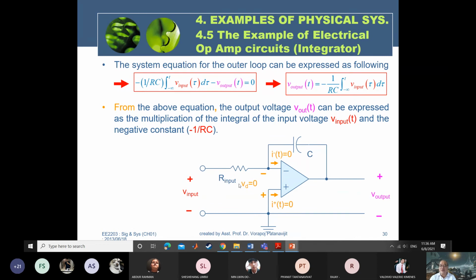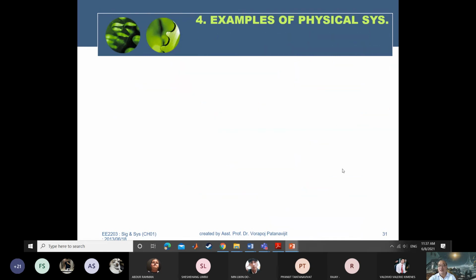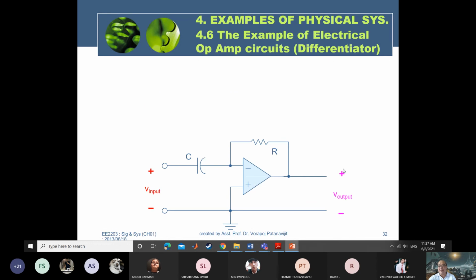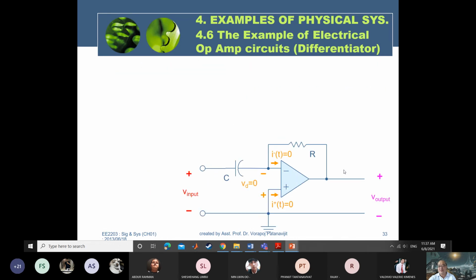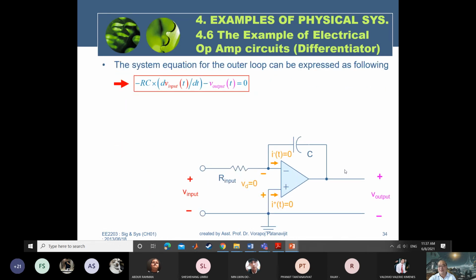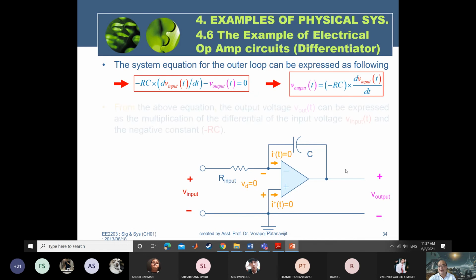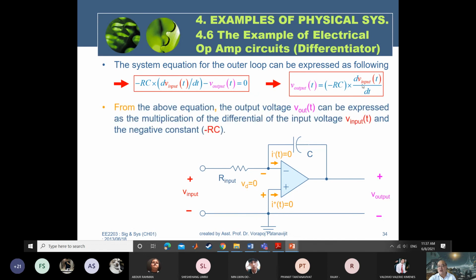I would like to link the physics world and the mathematics world. What we are interested in is the output and the input, and explaining them in a single closed-form equation, or a differential equation. The output equals the differential of the input voltage multiplied by some constant.